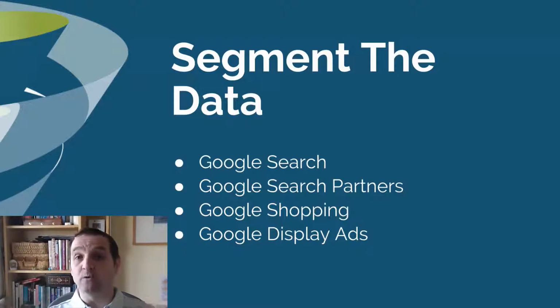If you add the total number of impressions and the total number of clicks, your click-through rate overall looks pretty terrible. It actually isn't in reality. That's probably very good on Google search. So we need to make sure we segment those.